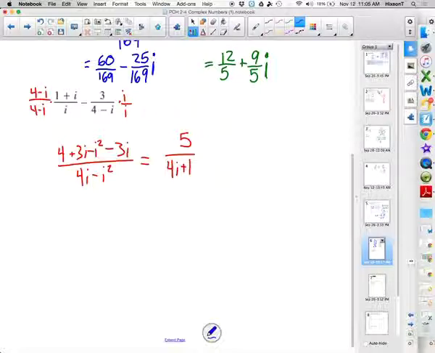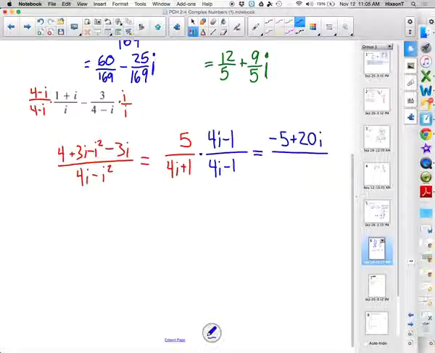So now we have to rationalize, so what are we going to multiply by? Good, 4i minus 1. Okay, so we then have, and I'll get it in the right order here, I'll put the real number part first, negative 5 plus 20i over, what is this going to give us? 16i squared minus 1.